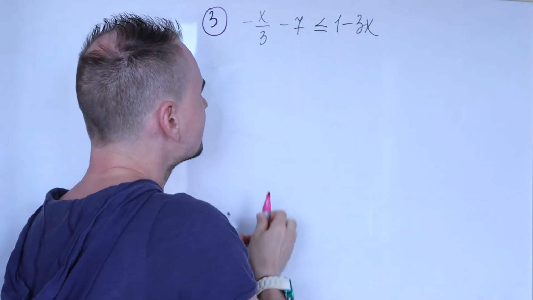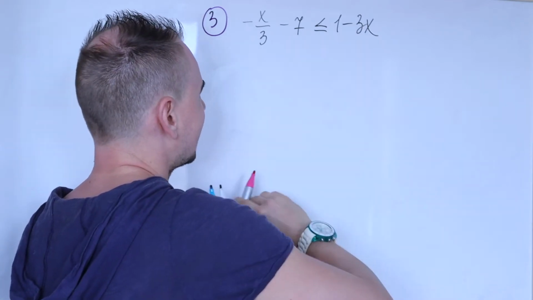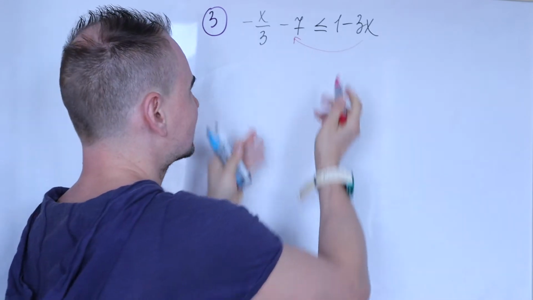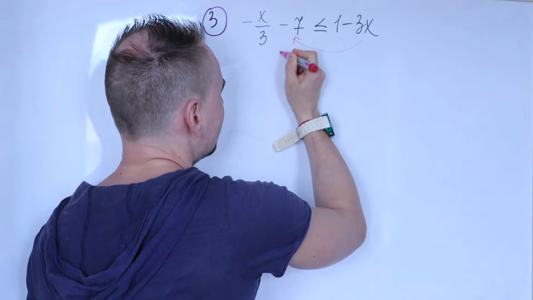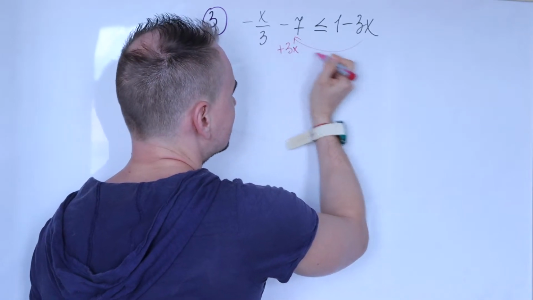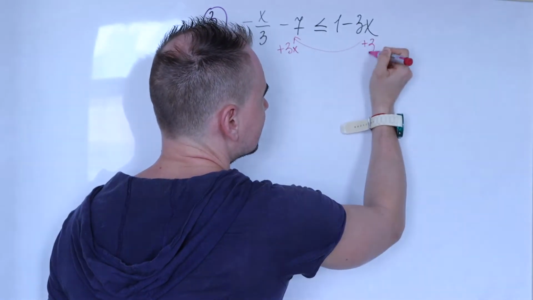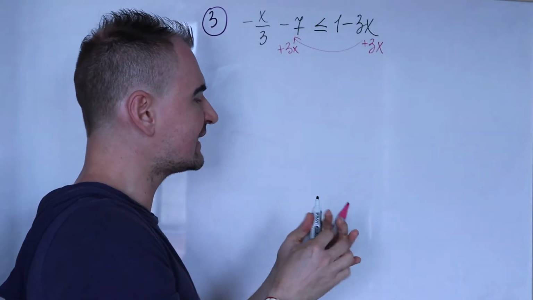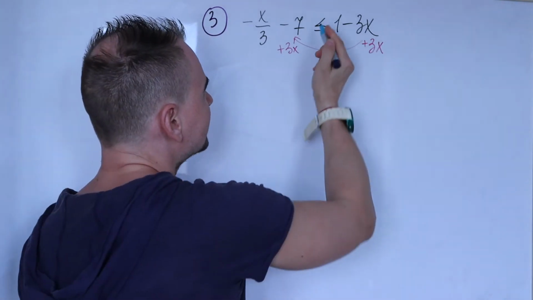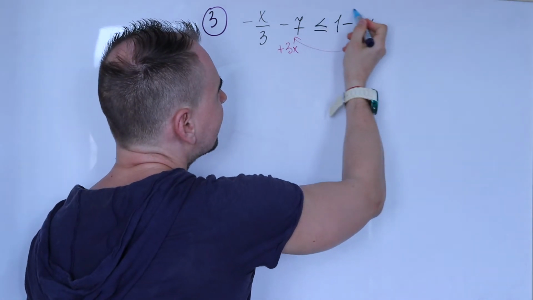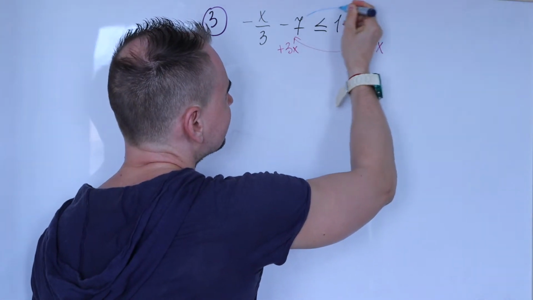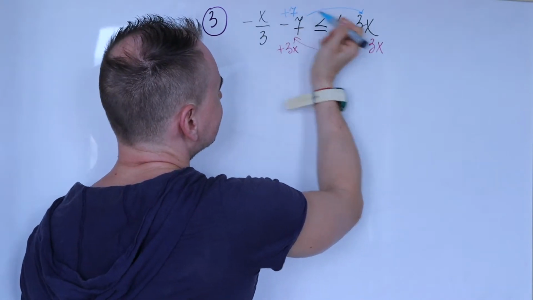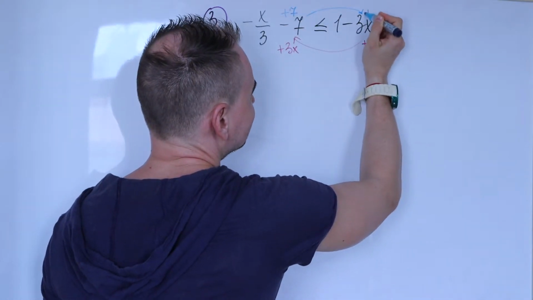We want to bring this 3x to the left side by adding 3x to both sides of your inequality. And we want to move this -7, this constant, to the right side by adding 7 to both sides.